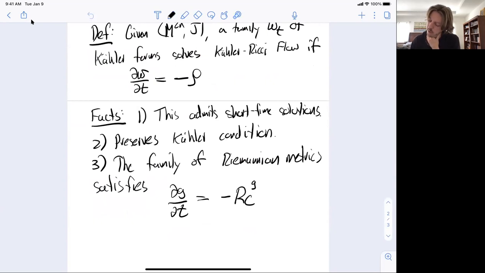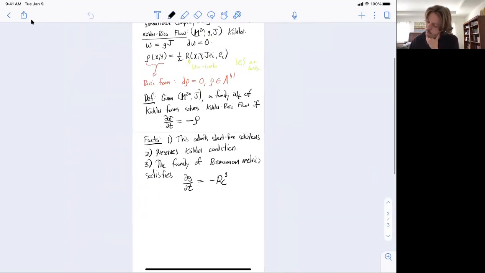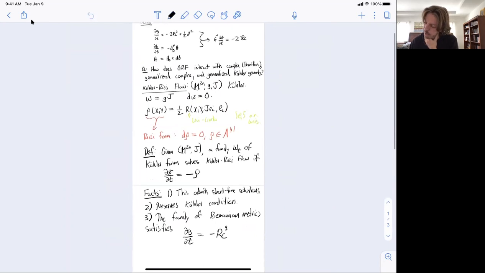And of course, Ricci flow sits inside generalized Ricci flow, as the case h equals 0. So in a tautological sense, we've found already an interaction between generalized Ricci flow and complex geometry.